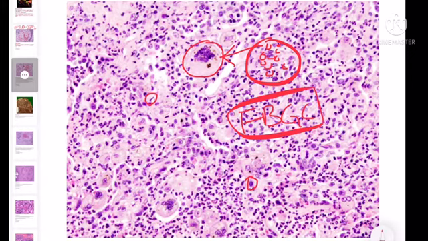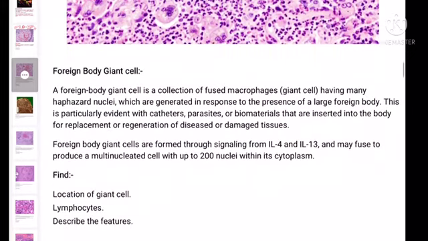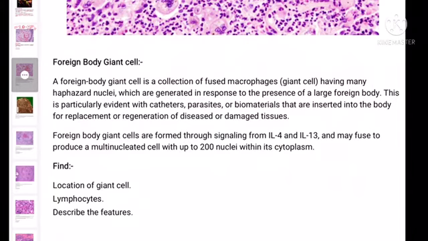So what are the features of foreign body giant cell? A foreign body giant cell is a collection of fused macrophages having many haphazard nuclei which are generated in response to the presence of a large foreign body.